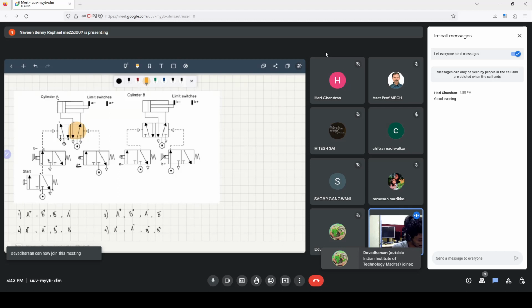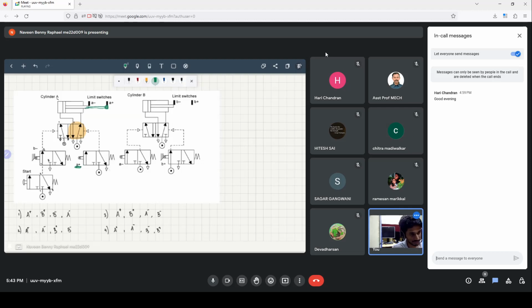I should explain this again. Note that right now cylinder A has been activated, and it's right now here. I'll use a different color. Because the cylinder is right now here, this directional control valve will activate, and because this directional control valve activates, the source will give a pressure at this port, and therefore this region of the valve is activated.